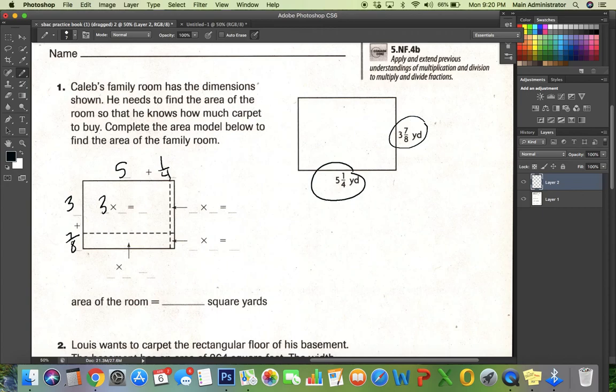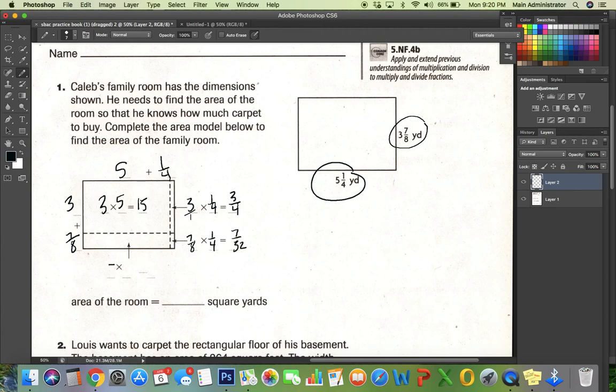This is 3 times 5, which is 15. This is 3 times 1/4. And remember, when you're multiplying fractions, you need to put that over 1 and multiply straight across. So you would get 3/4. Because remember, to multiply, you need to have numerator over denominator times numerator over denominator. This here is 7/8 times 1/4, which would give me 7/32.